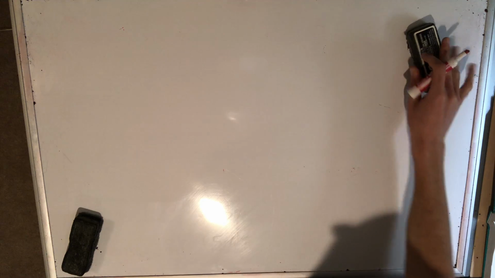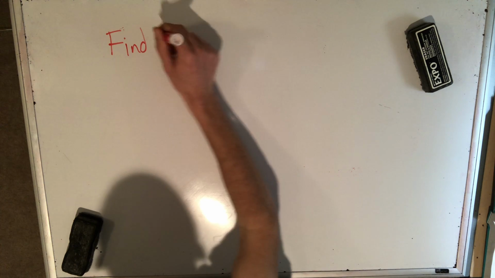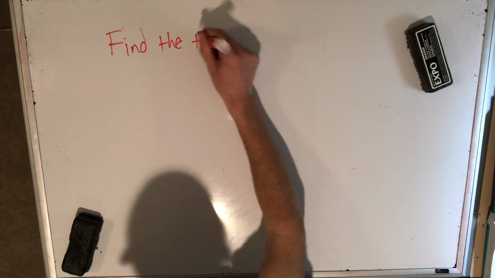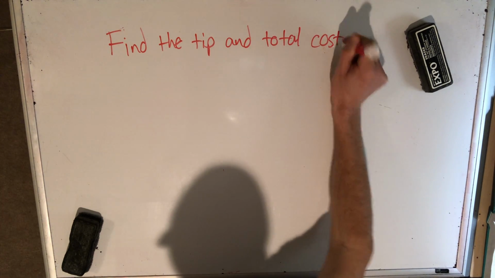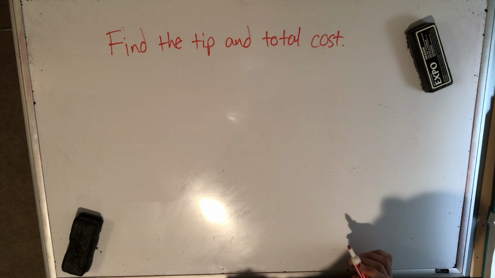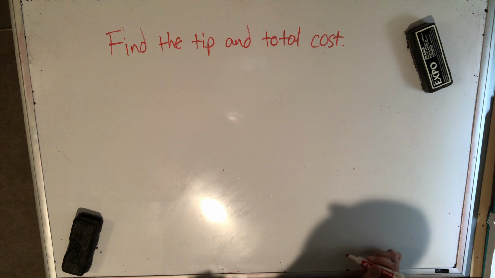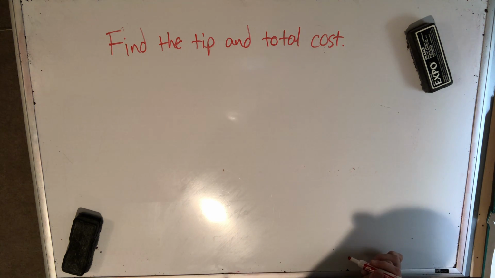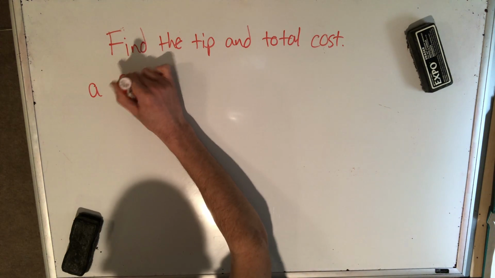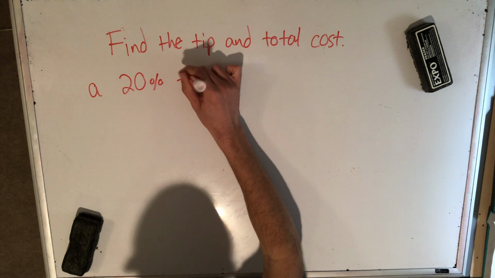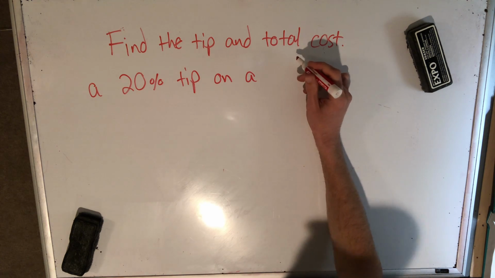Next example problem, it says find the tip and total cost. Hint, use rounding and mental math to calculate the tip. A 20% tip on a $62.39 dinner.